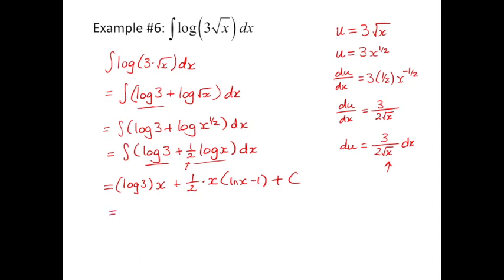So we end up with, and again, usually we would write the x out in front of the logarithm just so it doesn't get confused as being part of the logarithm. So x log 3, then plus 1/2 of x times the ln of x minus 1 plus c, and that would be our final answer.